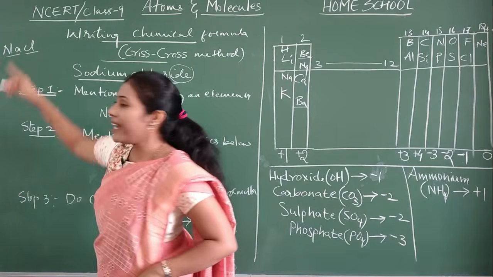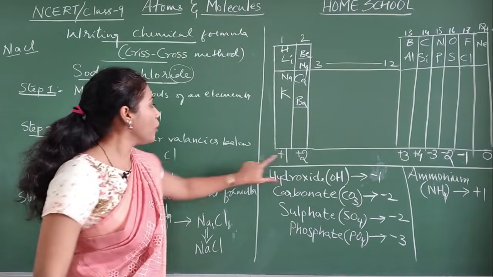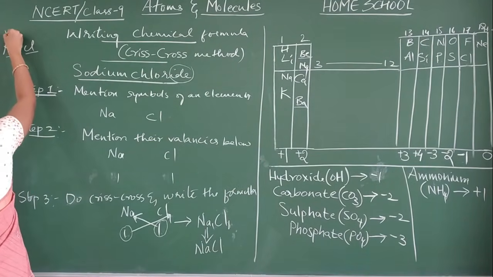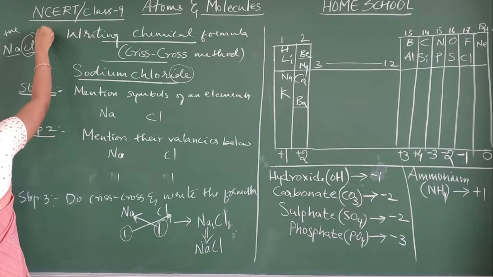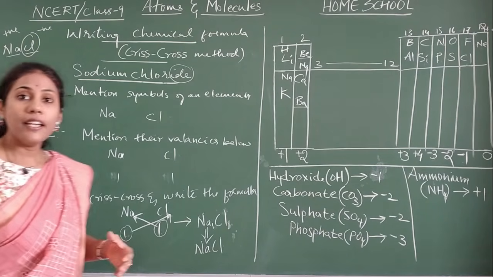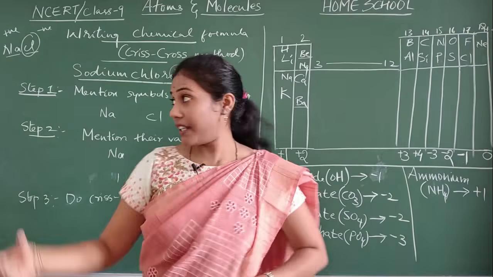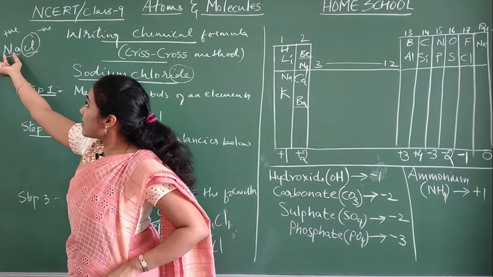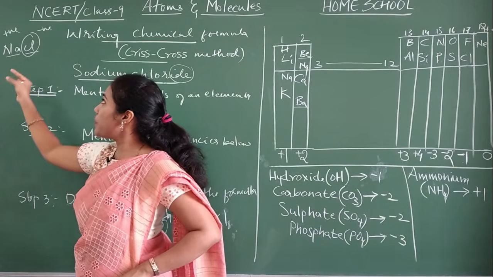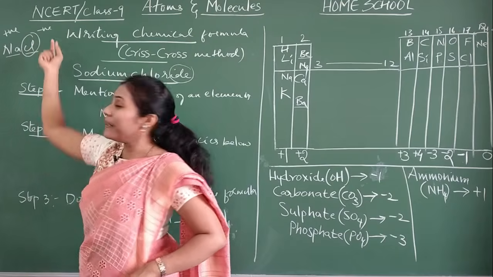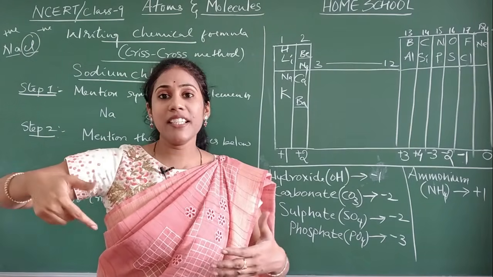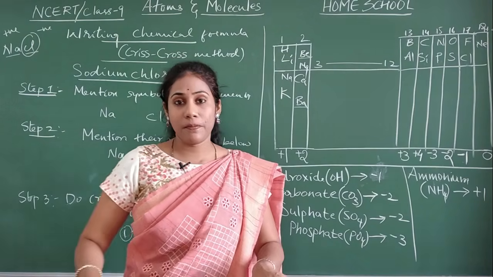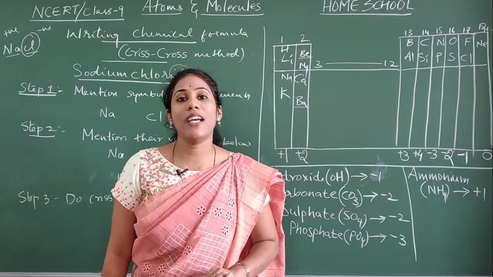See, Na has a positive charge. So this is the positive part and Cl is the negative part. Always in a chemical compound, the first written element is positive, the next written element is negative, in the sense it has a negative valency.